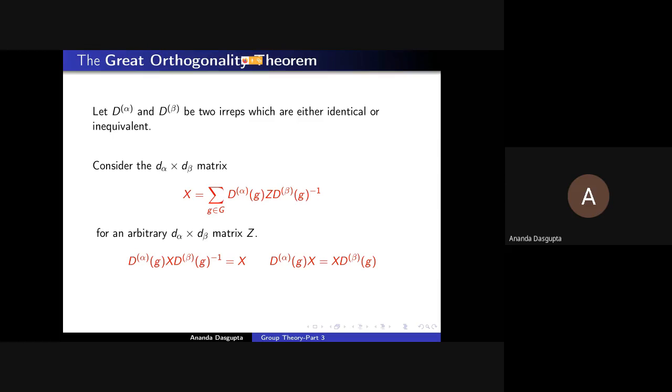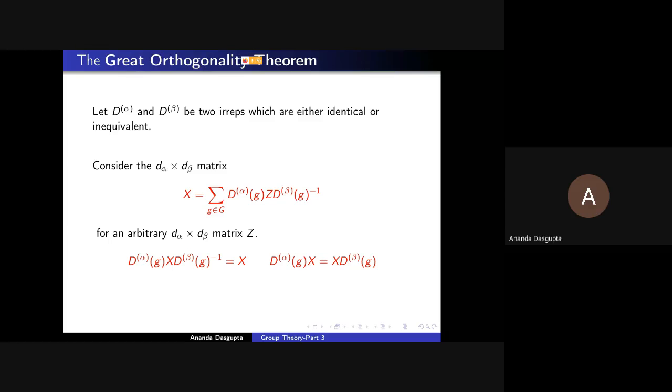It intertwines between the two sets of irreducible operators, right? D alpha g are irreducible operators on their vector space. They are matrix versions of irreducible operators, and d beta g are irreducible operators on their vector space. And x intertwines between them. So what does lemma 1 tell you? If x equals 0, then d alpha and d beta are inequivalent.